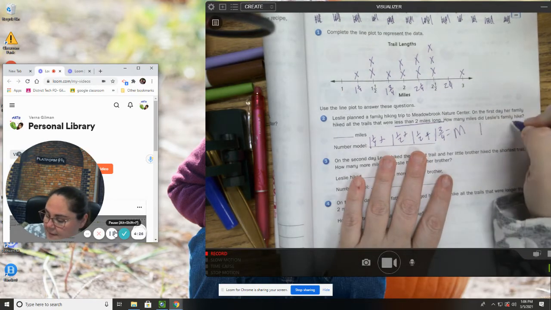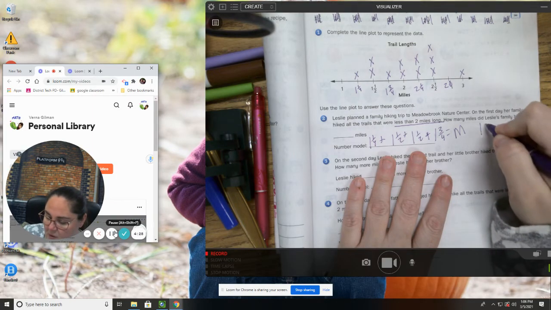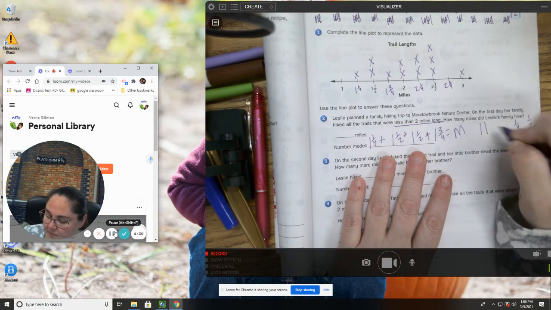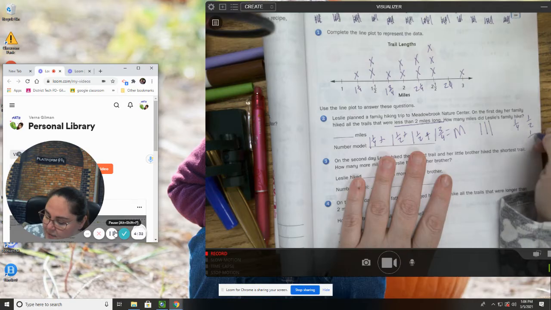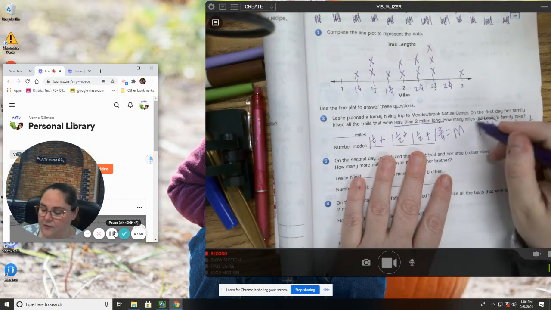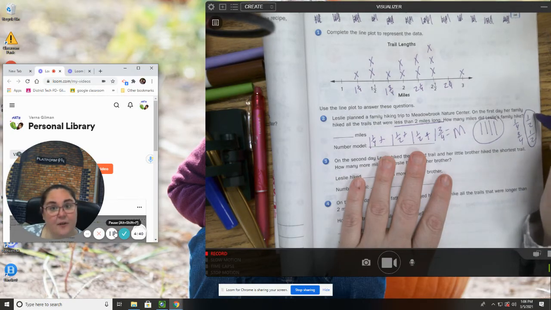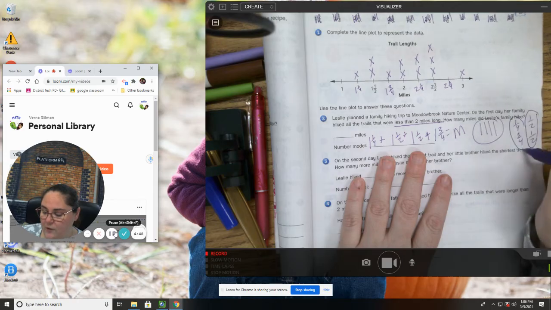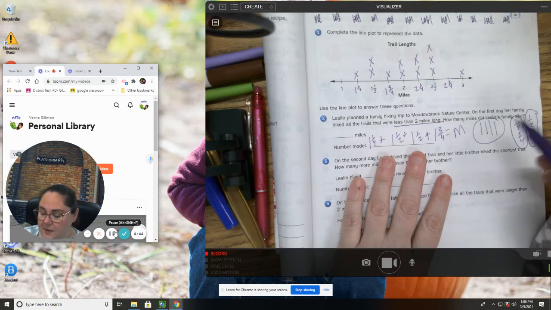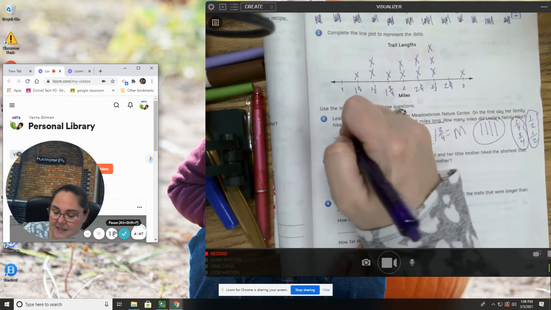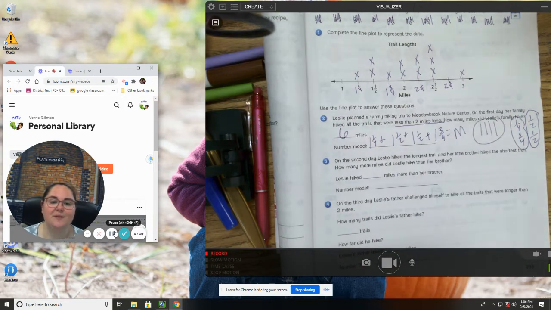I would do 1, 1/4, 1 and 1/2, 1 and 1/2, 1 and 3/4. So here are 4 total miles. 1/2 plus 1/2 is another mile. 1/4 plus 3/4 is a mile. So we have 4, 5, 6. They hiked 6 total miles.